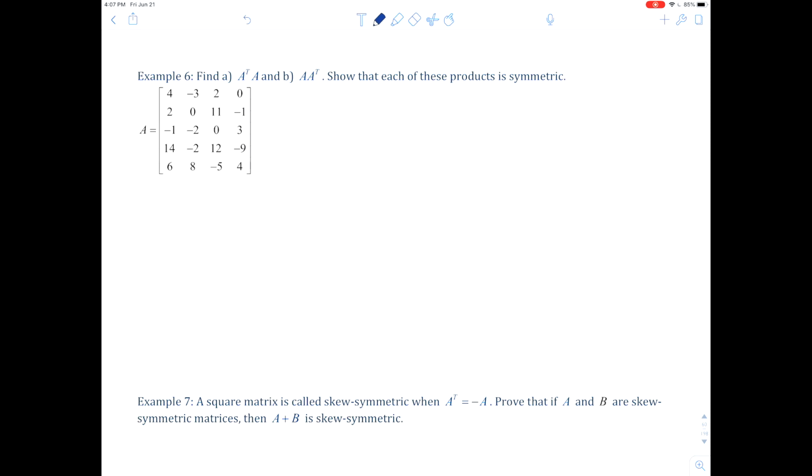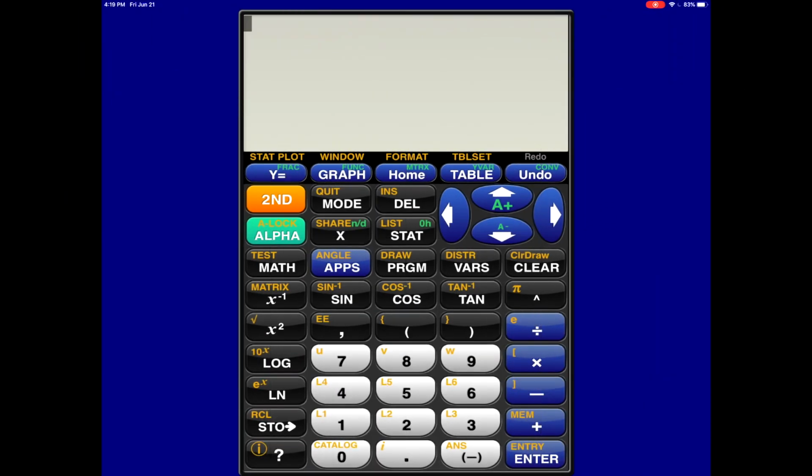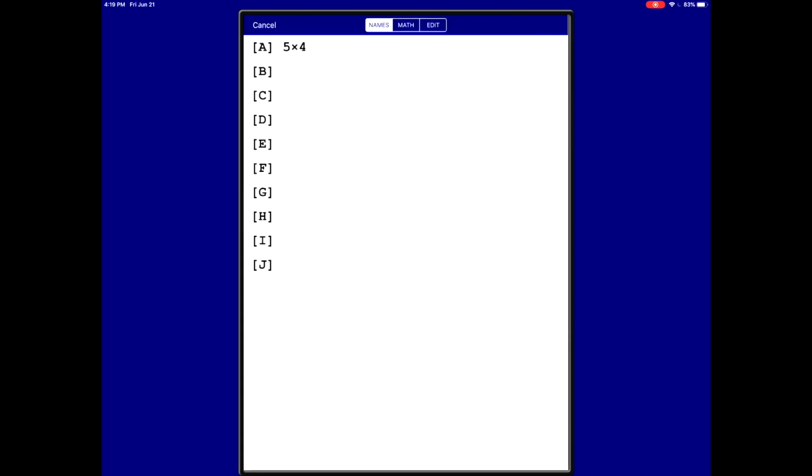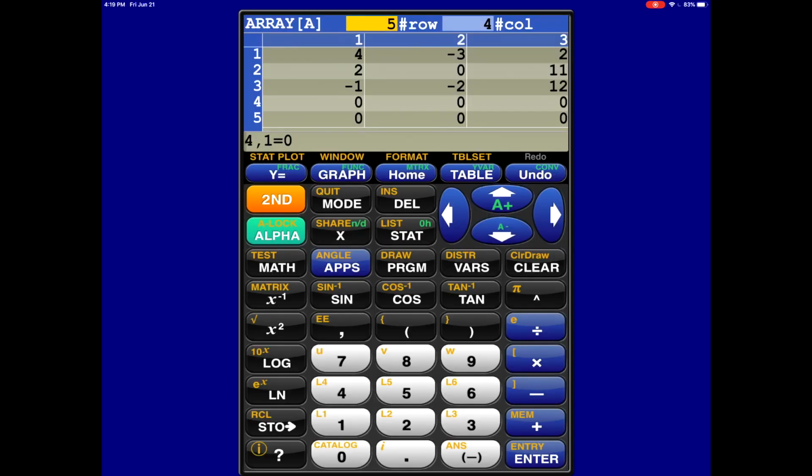So for this one, I think we should go ahead and utilize some technology. Okay, let's do this. Let's go into the matrix menu. I'm going to go to edit and edit A. And then I've got a 5 by 4.